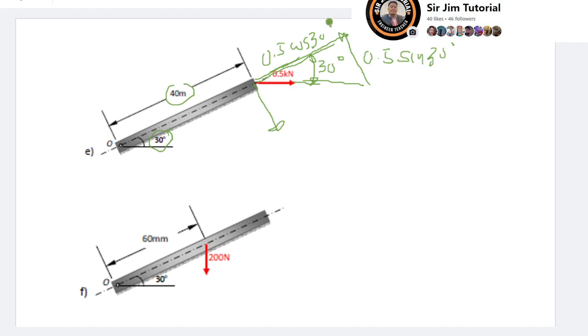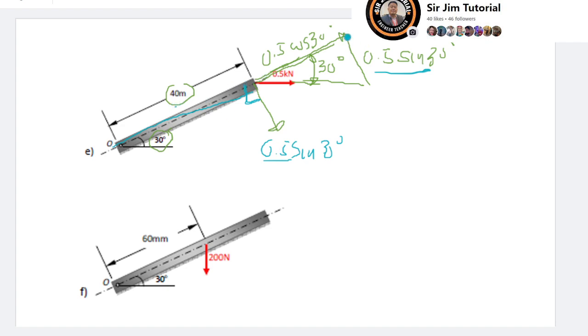Take note again that you have this 90 degrees here. This is the same as here. You can move it here, 0.5 sine 30. In other words, the distance that you could use for this force is 40 meters.